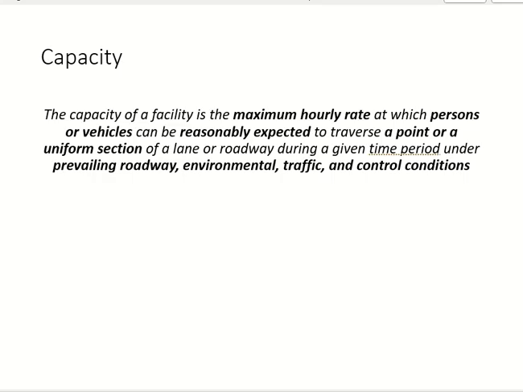Got my point? Another thing we have discussed earlier is that capacity remains the same for a uniform section. So the point at which the road properties change, the capacity will also change. Got it?